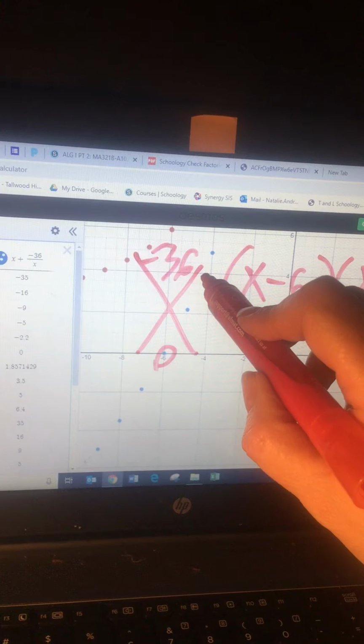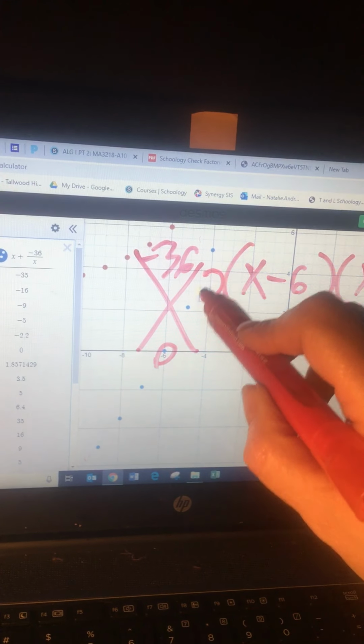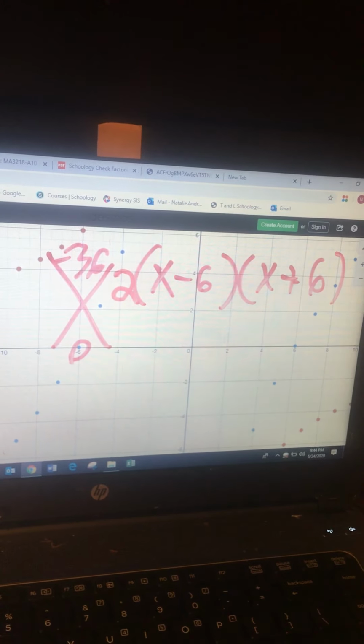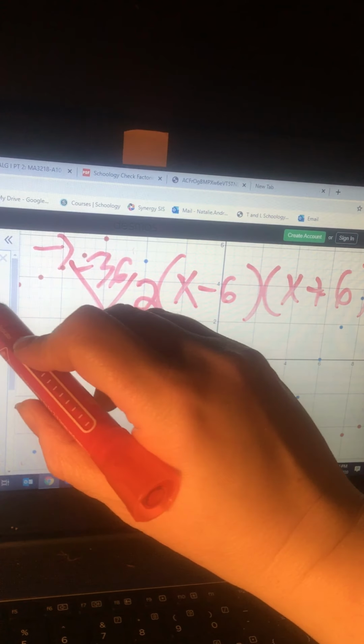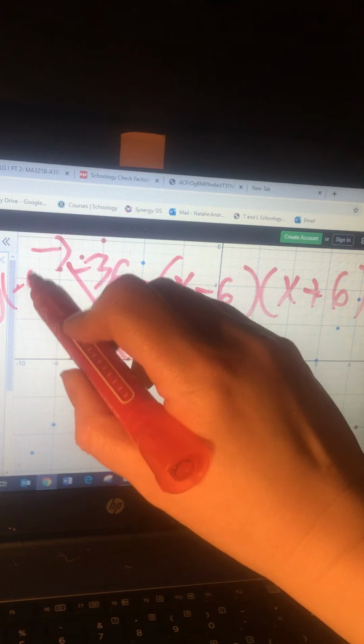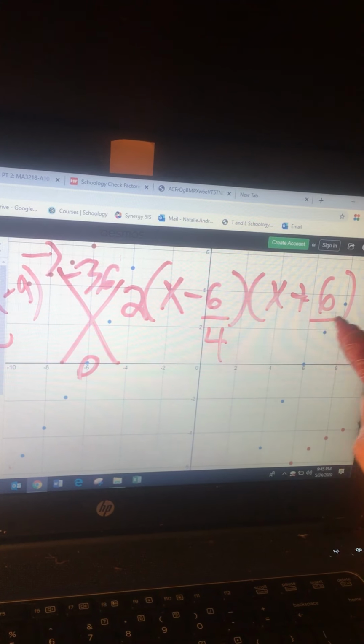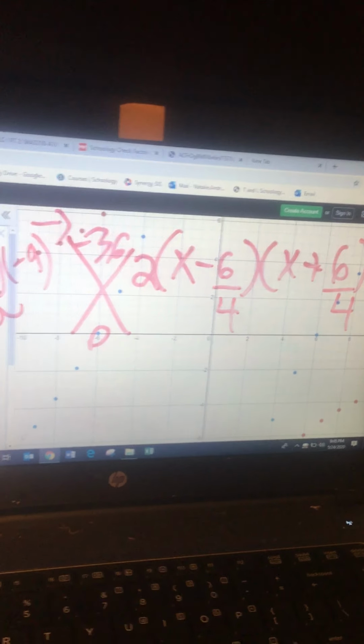So our GCF was 2. All right, now we are not done, because A times C, to get this number, we did 4 times 9, negative 36. So this A here, we still have to use it.